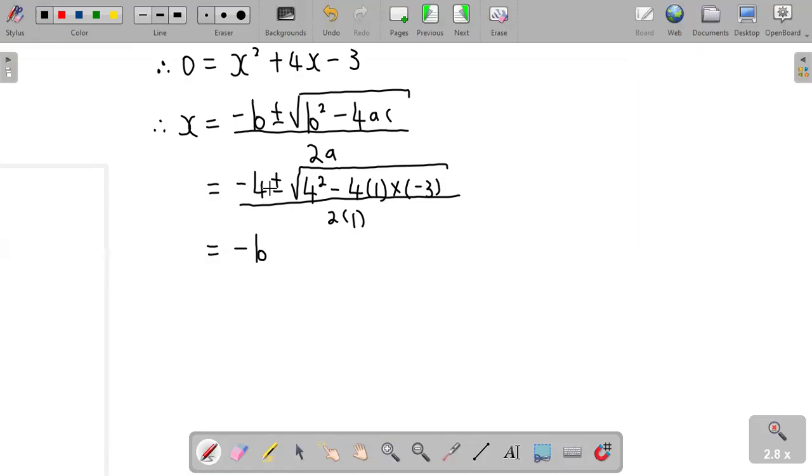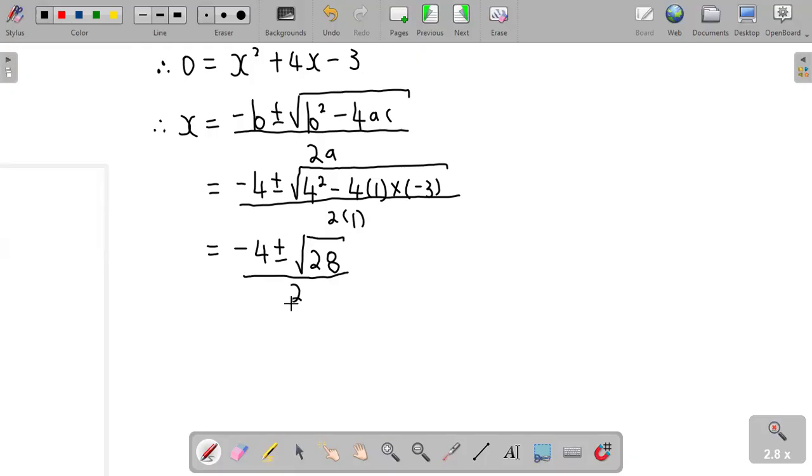So it's going to be negative 4 plus or minus, and then here it's going to be 16 plus 12, so it's going to be 28, and then all over 2.